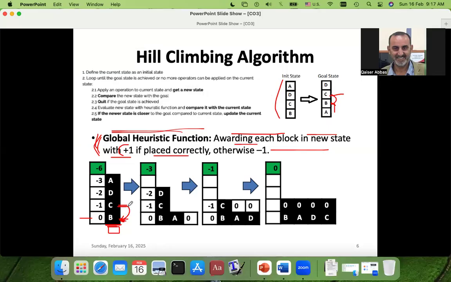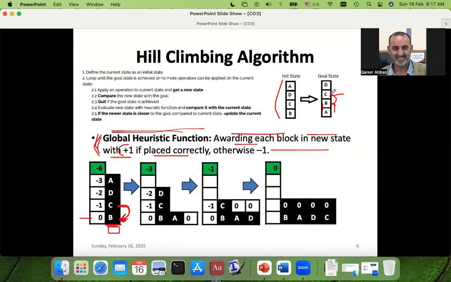According to the goal, C should have two blocks under it, and here we have only one, so 2 minus 1, you can say 1.